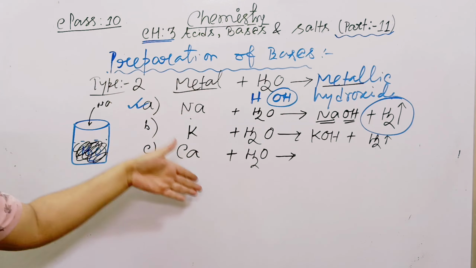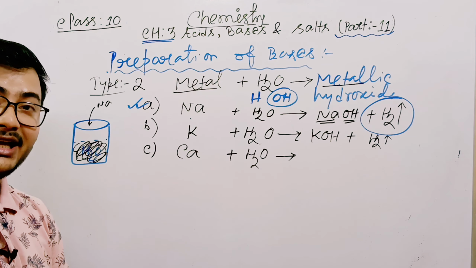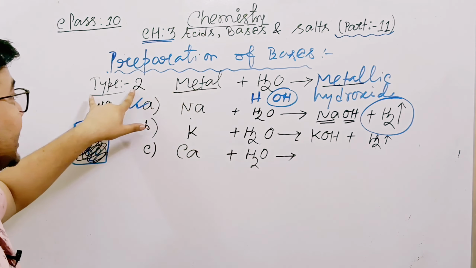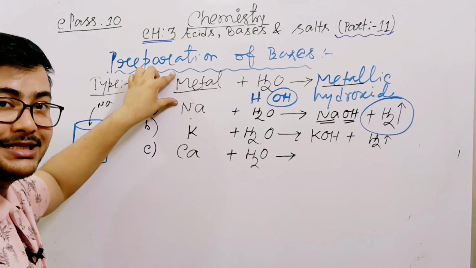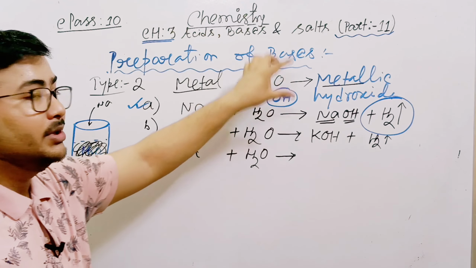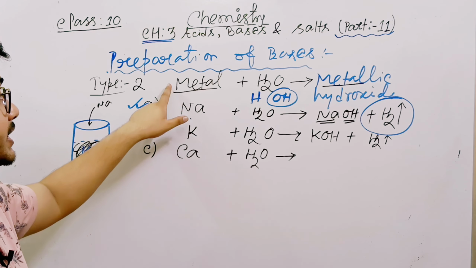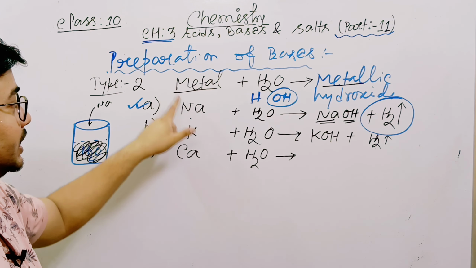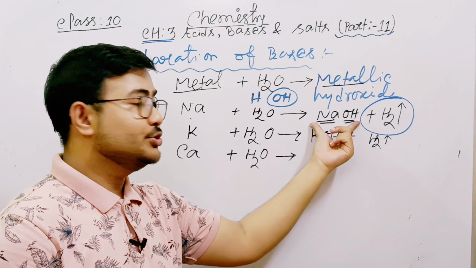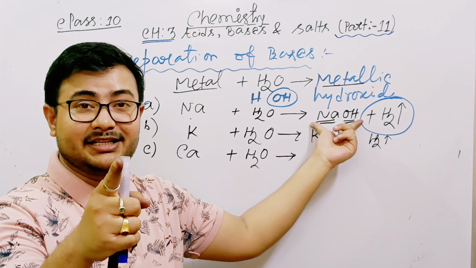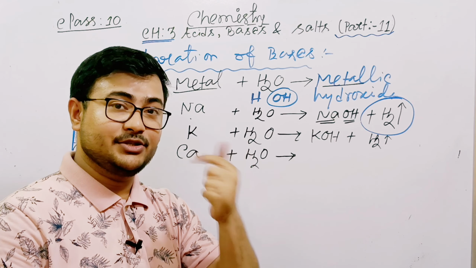But if the metal is insoluble, then no reaction will be there. So for this type 2, metals must be soluble in water. Okay, so if a metal soluble in water produces a base, what is the another name of this base? Alkali, because soluble base is known as alkali.